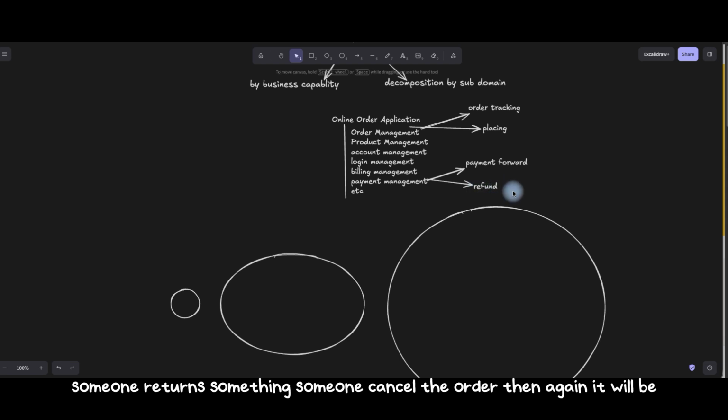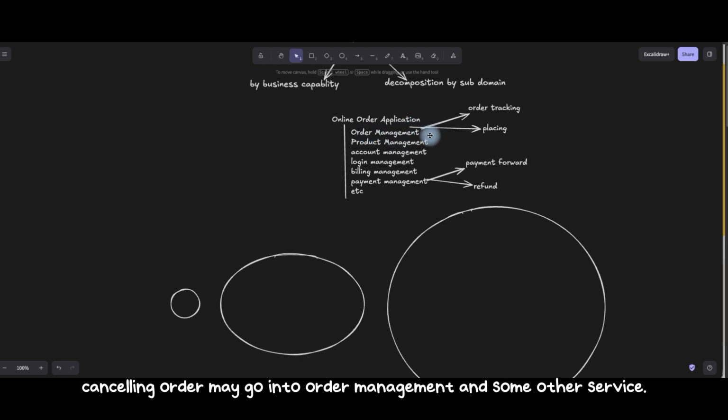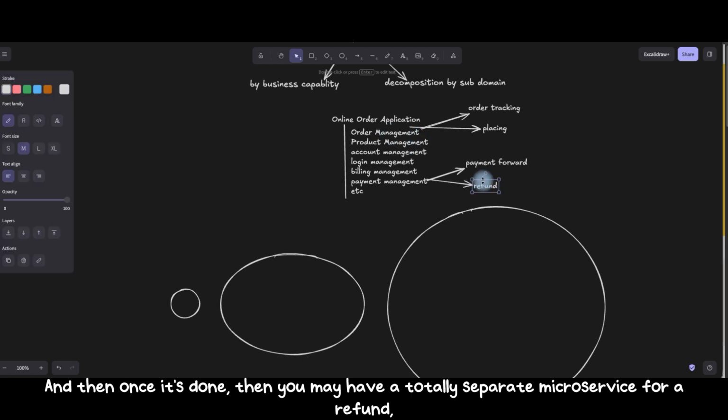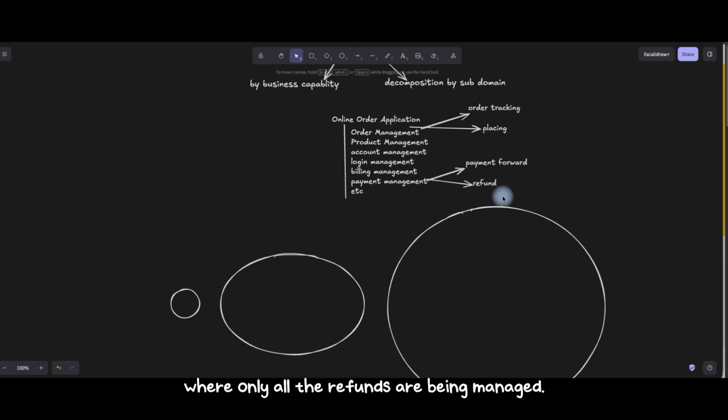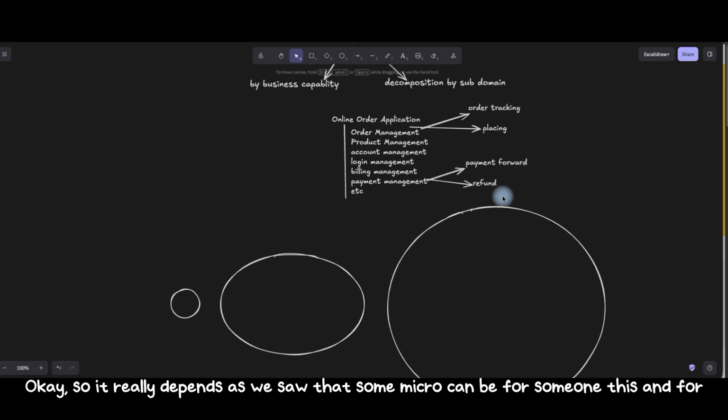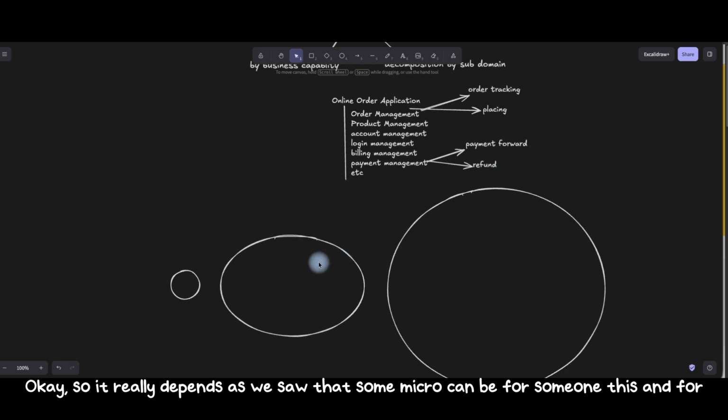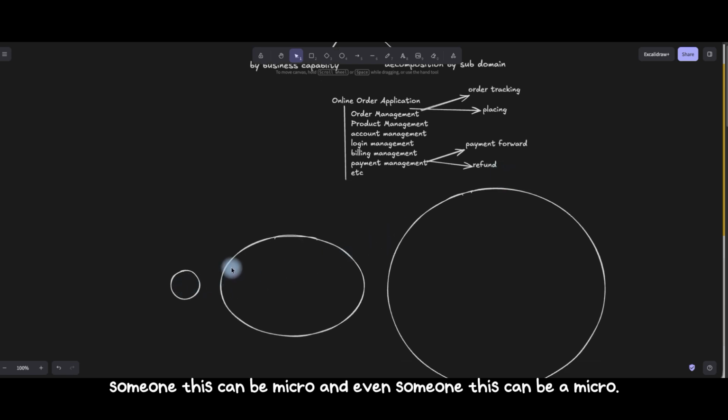Someone returns something or cancels their order, then again it will go on, or cancelling an order may go into order management and some other service. Once it's done, you may have a totally separate microservice for refund where all the refunds are managed. So it really depends, as we saw, that some micro can be this for someone, and for someone else this can be micro, and even for someone this might be micro.